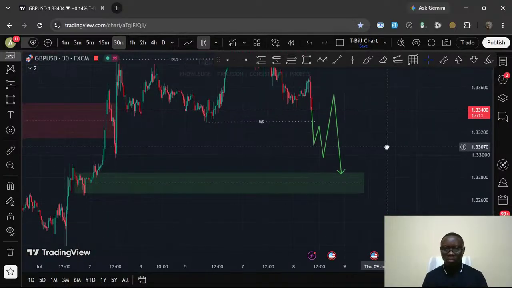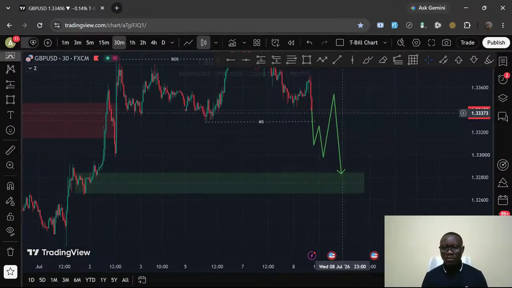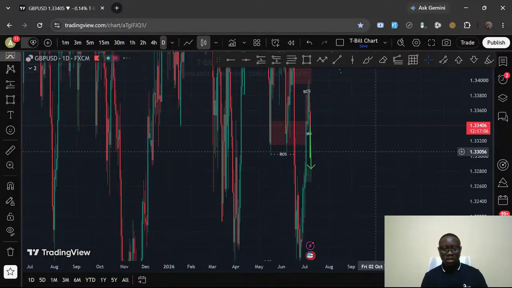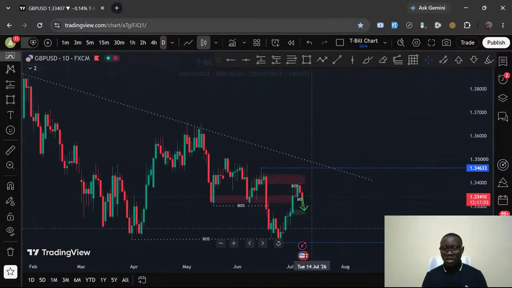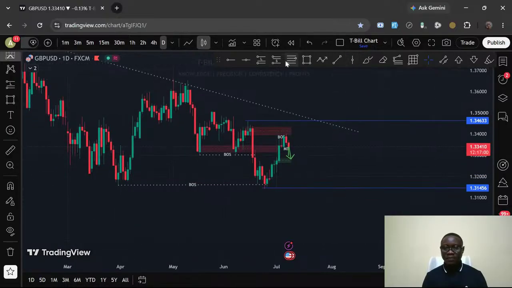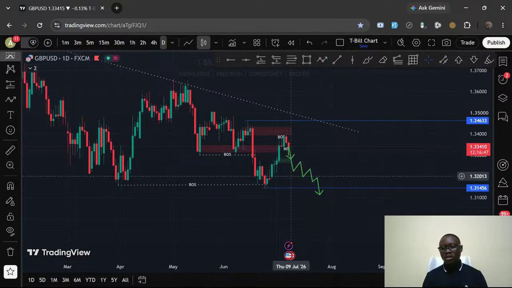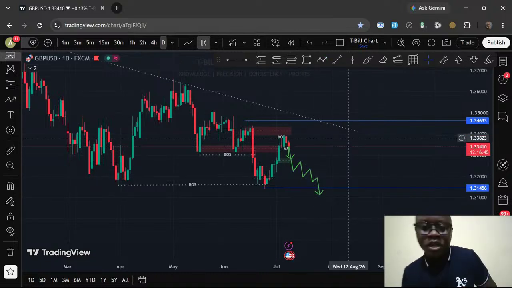Although I expect this market to keep selling until this external liquidity is taken out, right here. So I expect this to continue to the downside until this is taken out, right? So that is what I'm expecting.